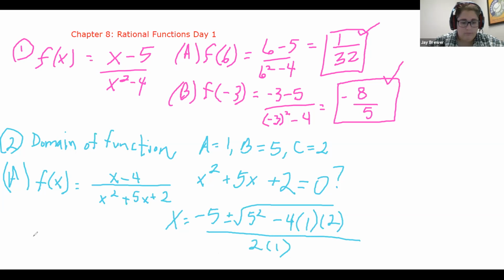So if we work that out, we end up getting -5 plus or minus the square root of 17 all over 2.